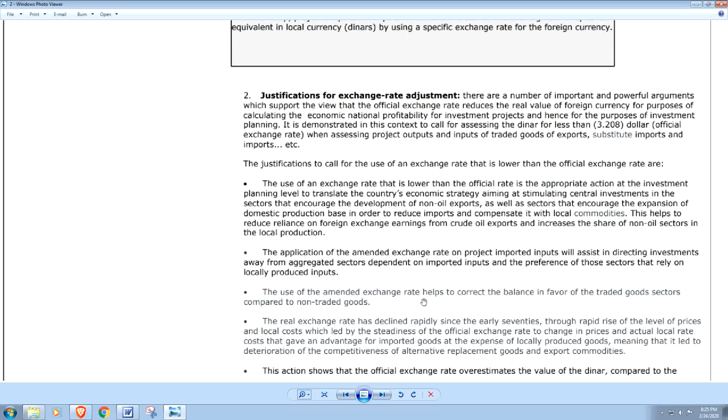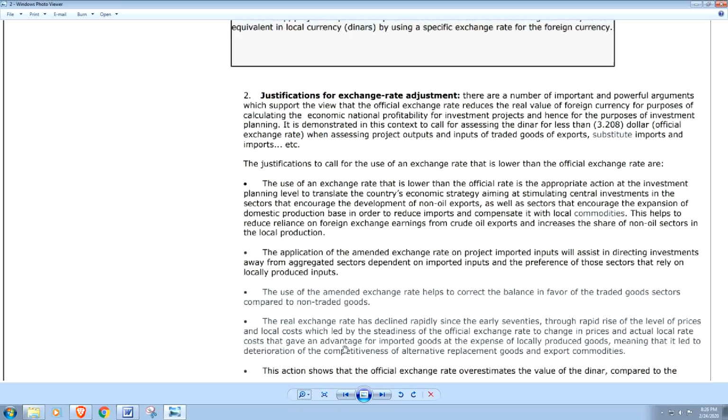The use of the amended exchange rate helps to correct the balance in favor of the traded goods sectors compared to non-traded goods. All right, so again, we're talking about stimulating the economy. The real exchange rate has declined rapidly since the early 70s through a rapid rise in the level of local cost prices, which, led by the steadiness of the official exchange rate, changed prices and actual local costs.